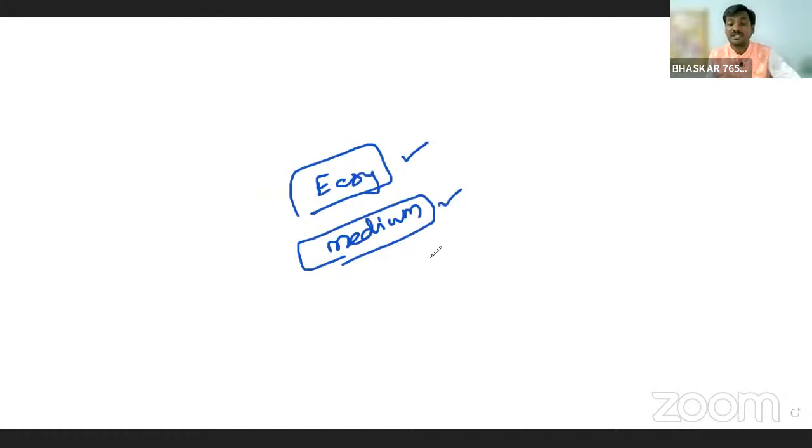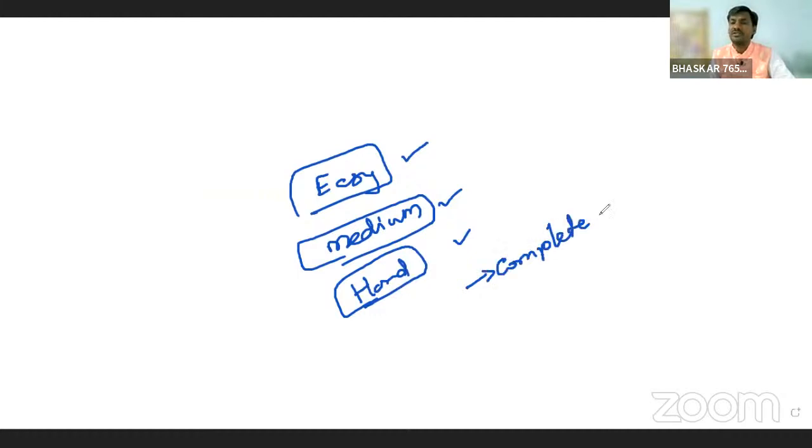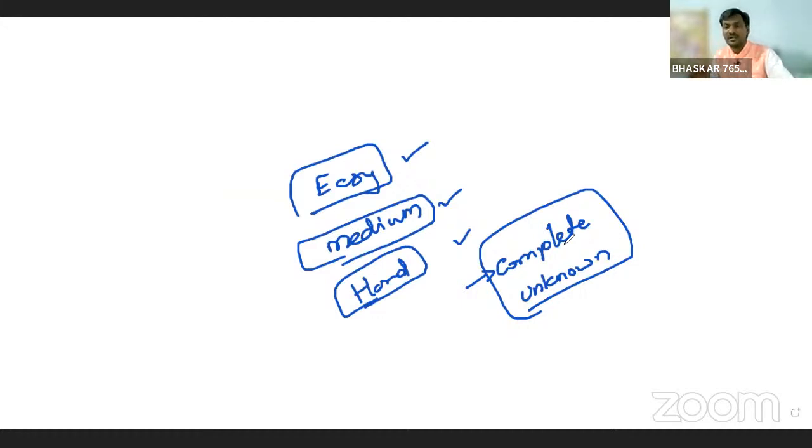And whatever questions are doubtful or unknown, a little bit hard, write in the ending. Even if they are completely unknown, try to attempt each and every question. Write the question number, write the given data, and then try.